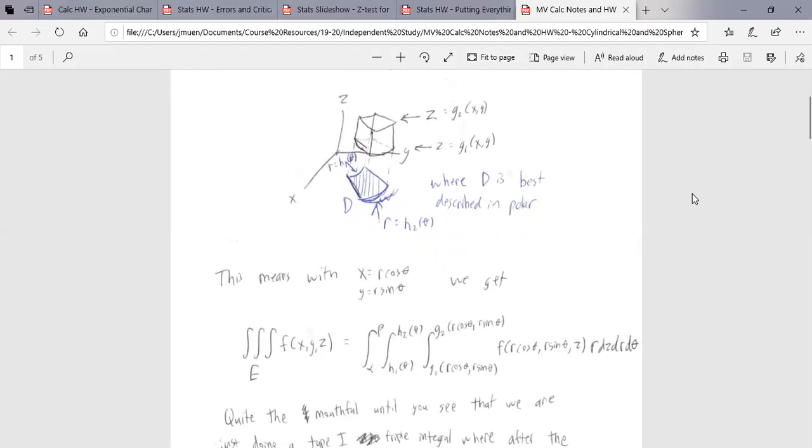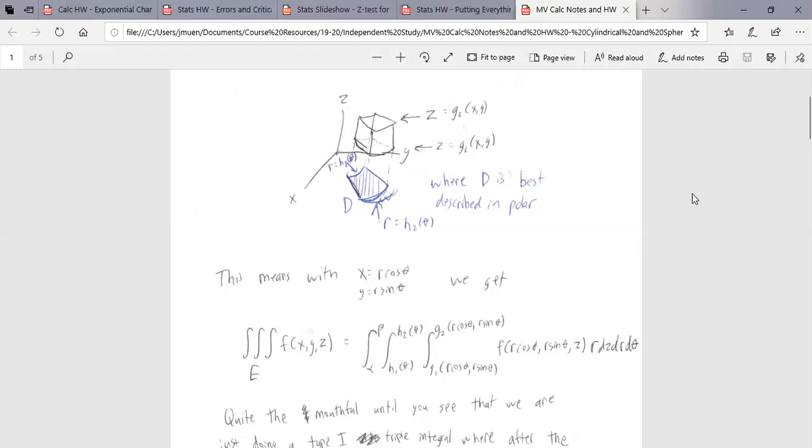So if we make the replacement x equals r cosine theta, y equals r sine theta right away, then z equals g sub 2 of x y, or g sub 1 of x y, becomes g sub 2 of r cosine theta, r sine theta, or g sub 1 of r cosine theta, r sine theta.